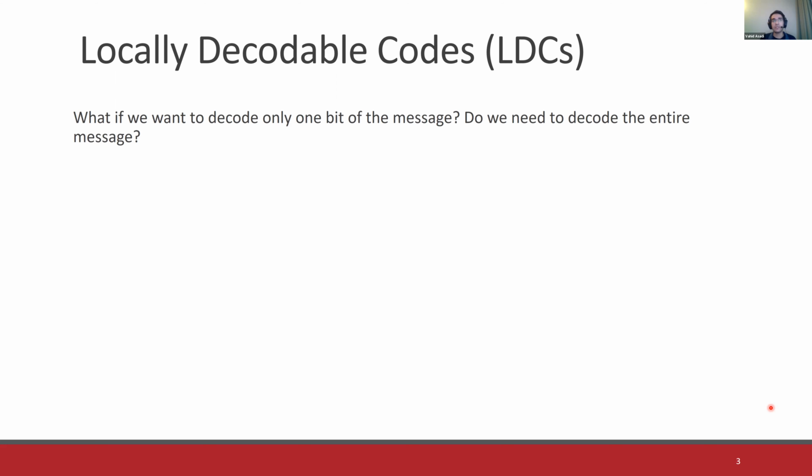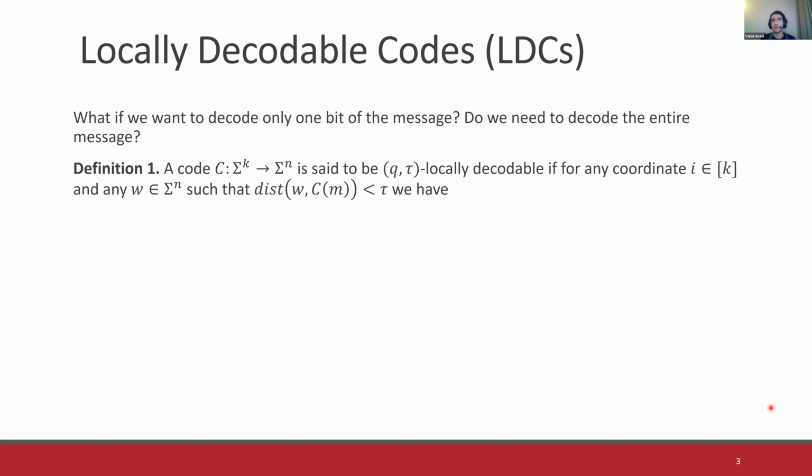So this raises the notion of locally decodable codes, which are error correcting codes where, given some word that we know is tau close to some code word in the code, the code admits a decoding algorithm that can read q coordinates from the given word and output the i-th bit of the message with high probability, with some constant probability.